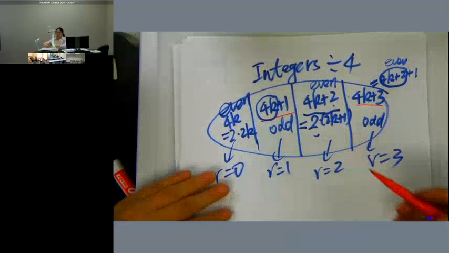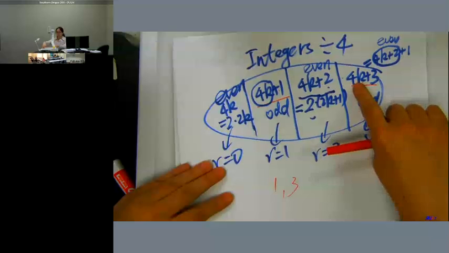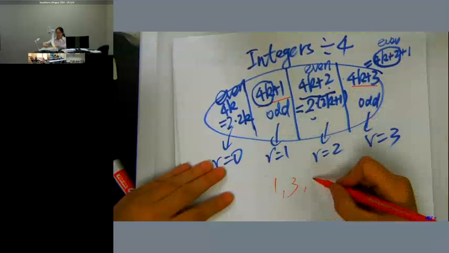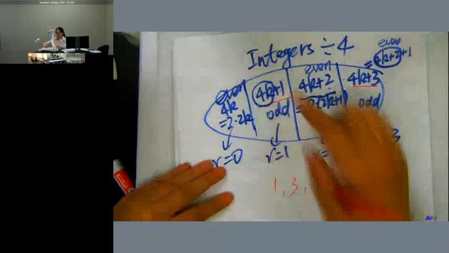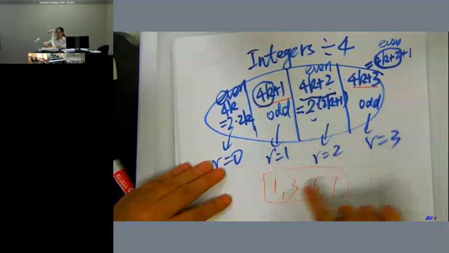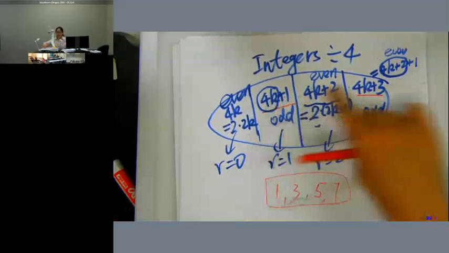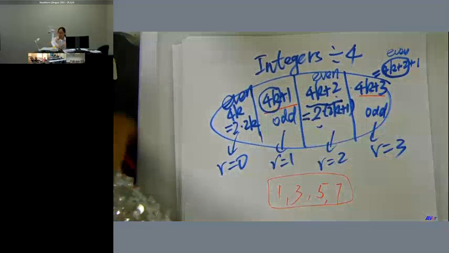So if you have 1, 1 is a multiple of 4 plus 1. If you have 3, it's a multiple of 4 plus 3. The next odd integer, 5, is a multiple of 4 plus 1, right? The next integer, 7, is a multiple of 4 plus 3. So all odd integers can also be written in a different form, 4k plus 1 or 4k plus 3. So that's what the textbook did.